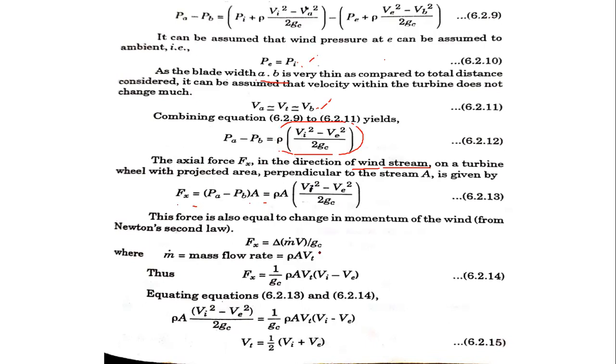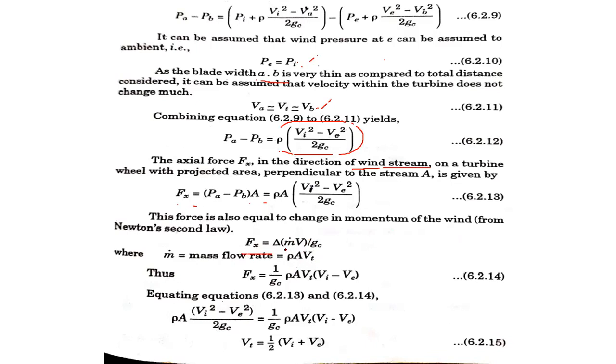This force is also equal to the change in momentum of the wind, from Newton's second law. So the general formula is Fx is equal to delta mV by gc, where m is the mass flow rate. m can be written as rho into A into Vt.